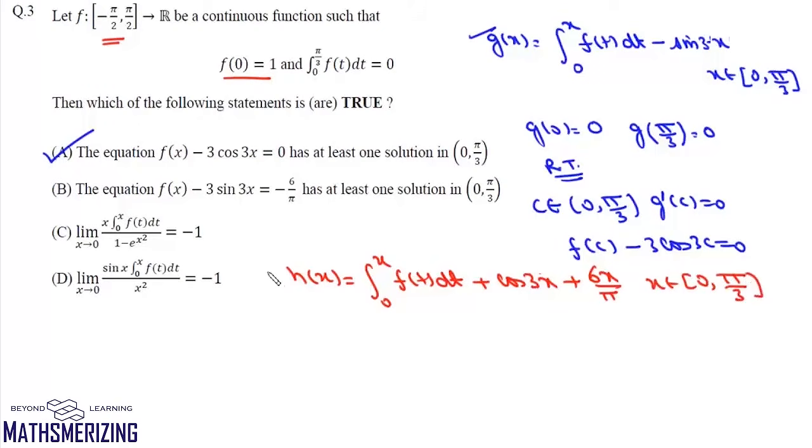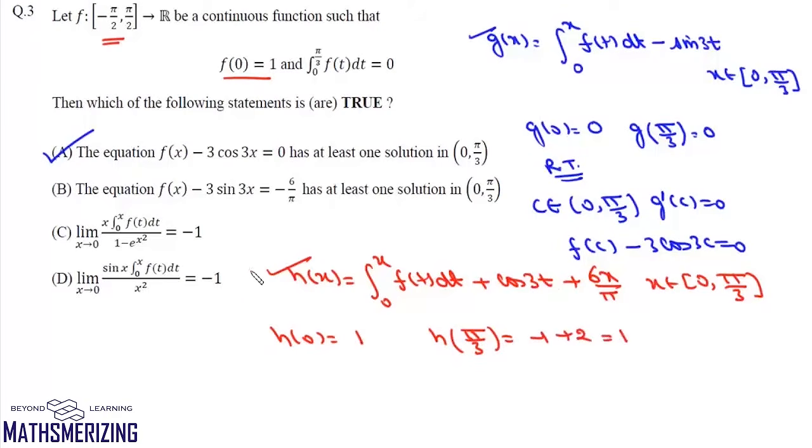Now this function again is continuous and differentiable. Now if we find h(0), h(0) will be cos 0 is 1, and h(pi by 3), this integral will be 0. Now cos pi is minus 1 and this value will be 2. So value of h(pi by 3) is 1.